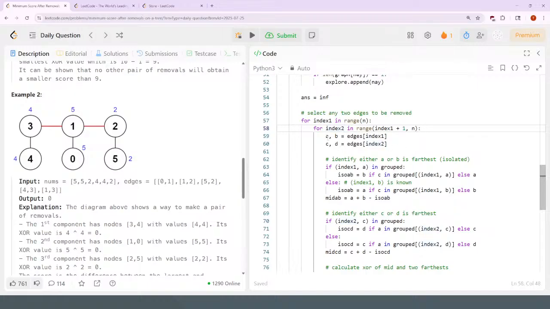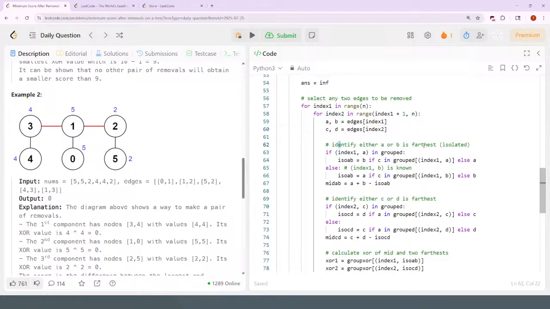Then you find the nodes that are connected to those edges. Let's say for the first edge, C and D are either going to be closer to A or B. CD is going to be on the same side as A or the same side as B, in terms of grouping.